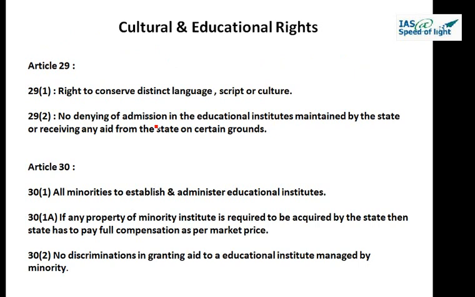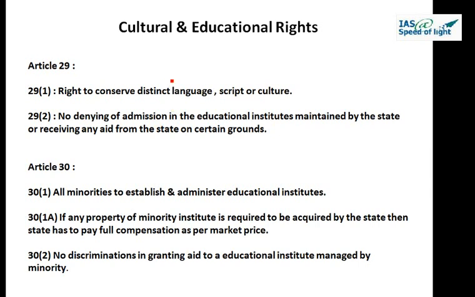Part A says any section of the citizens, mind the words any section of the citizens, residing in the territory of India or any part thereof having a distinct language, script or culture of its own shall have the right to conserve the same. So they're talking about any section of the citizens. So this includes both majority and minority.